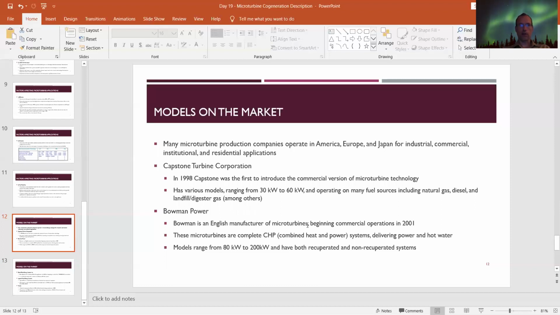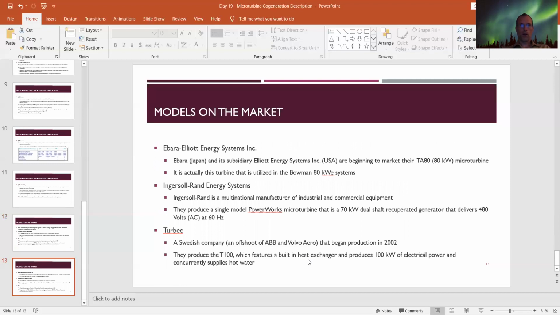Bowman Power in England has been making them for almost 20 years. Ebara Elliott is a combination of Japanese and US, making microturbines, and they actually make some of them for Bowman. Ingersoll Rand, a multinational manufacturer, makes some of these. And finally, Turbec, a Swedish company. These are kind of the first five. There are many more now, but those are some examples of companies that make microturbines.